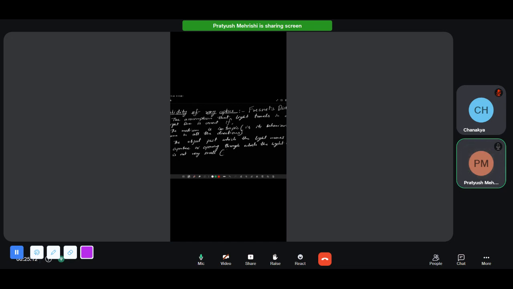What do we mean by very small? By very small, we mean it is of the order of wavelength of light.